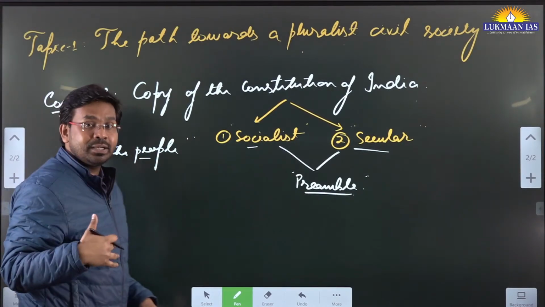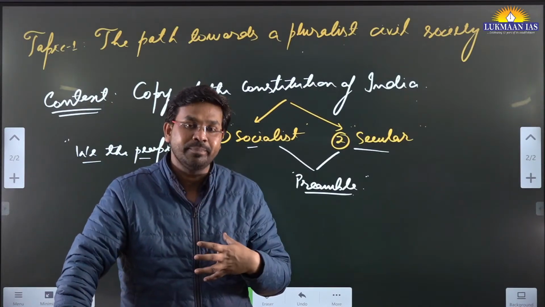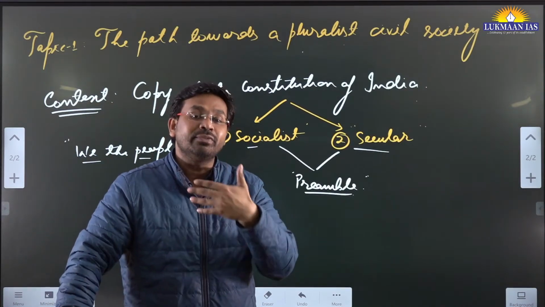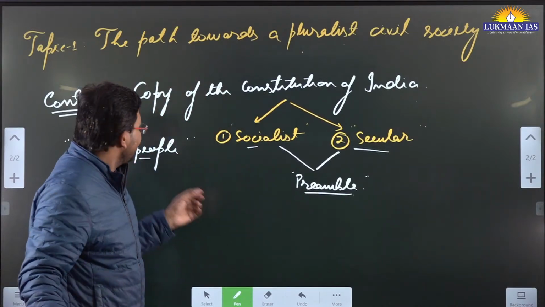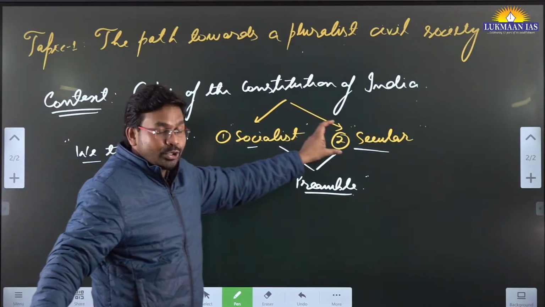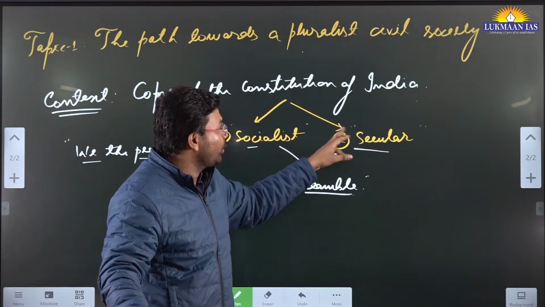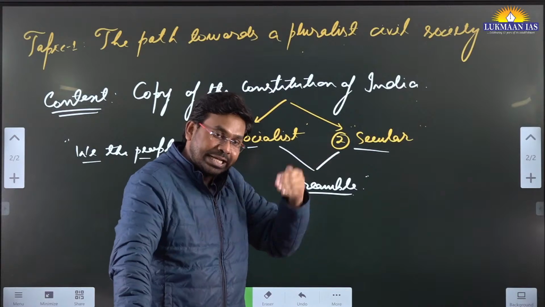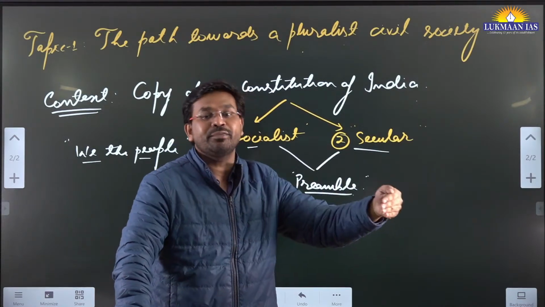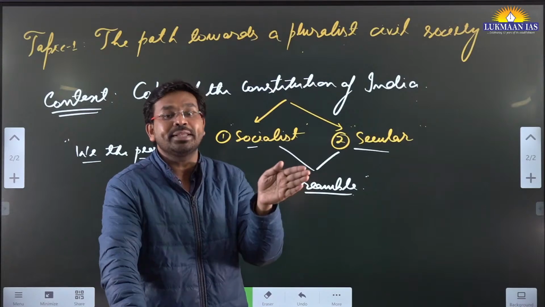We the people signifies that the Constitution of India has been drafted by the people and given to the people of India, by the people, for the people. So here the nature of the country is secular and socialist. Secular means the state will maintain some distance from religion, and none of the religions will be given primacy over the others.